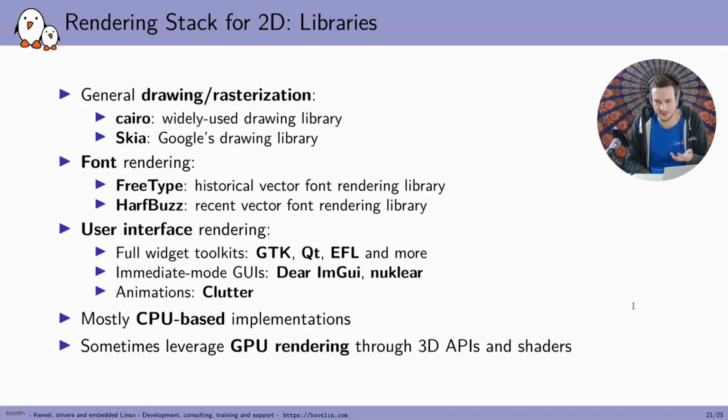And then there are more simple ones, which are also called immediate mode GUIs. So these are simpler implementations, and they don't work the same as the previous ones because they will basically redraw the whole user interface each time, which can be a good fit, for example, for games. So you have examples there as well.